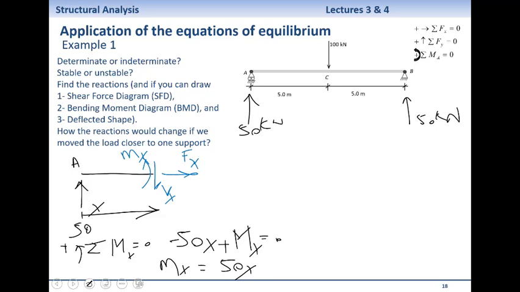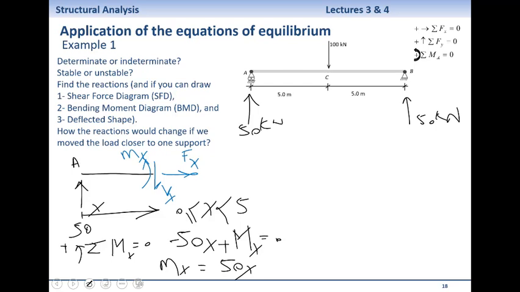In other words, does this free body diagram that I have here represent the whole beam? No. So for that equation, what I need to write is this is valid for x anything between 0 and 5. Very good.